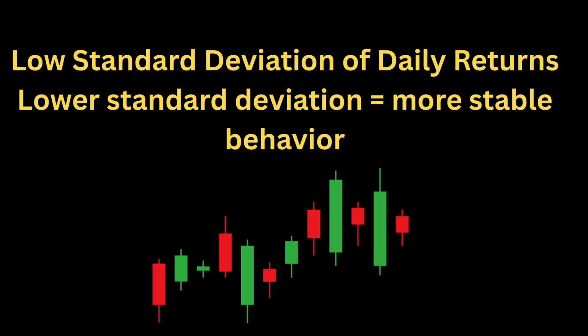We can also look at something called the standard deviation of daily returns. It tells us how consistent the price movement is statistically. If it is a low value, that's good and safe for intraday. A stock with low standard deviation will not behave like an unpredictable one.